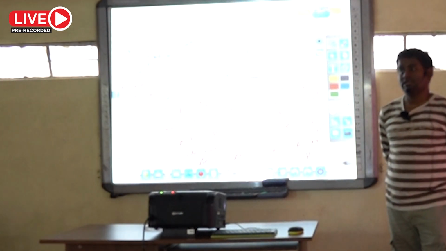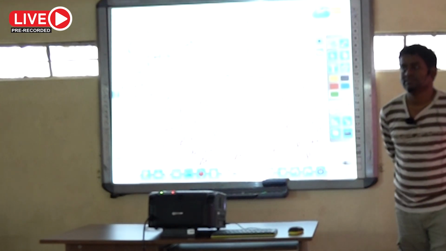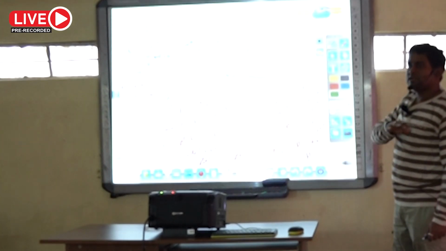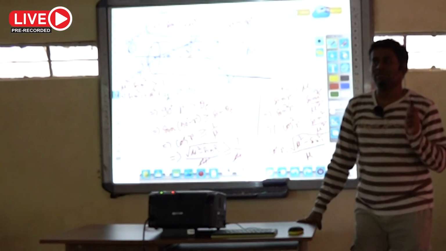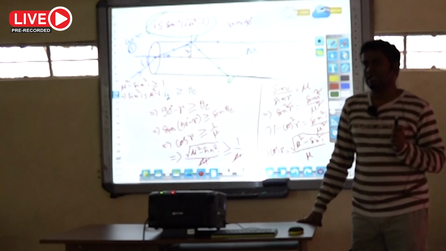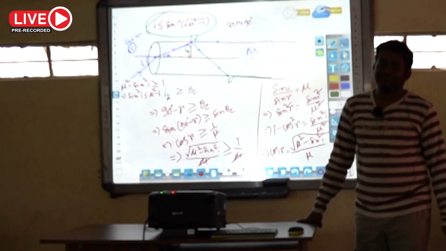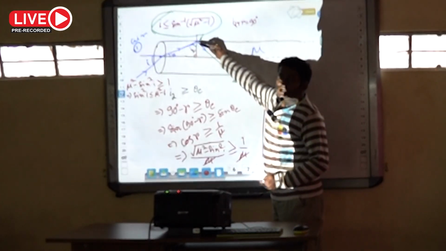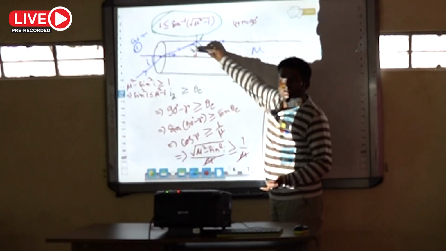In the first encounter with the curved surface, if it cannot come out, then it can never come out from the curved surface. Whatever the length, however many total internal reflections it may suffer, it doesn't matter. If for the first time you can stop the light from coming out of the cylinder, then this light ray will never come out. Why? Because it will suffer total internal reflection at this point if I2 is greater than the critical angle.